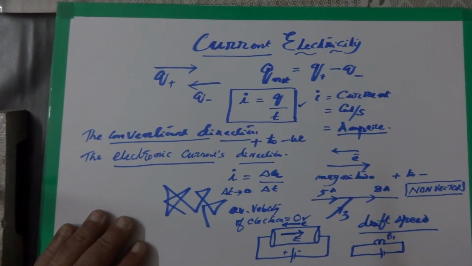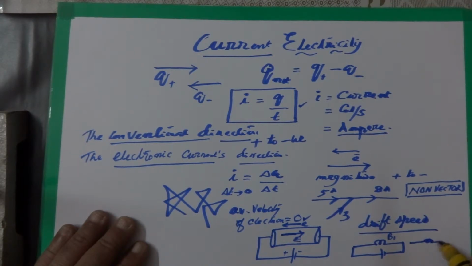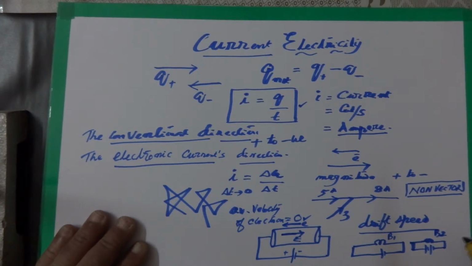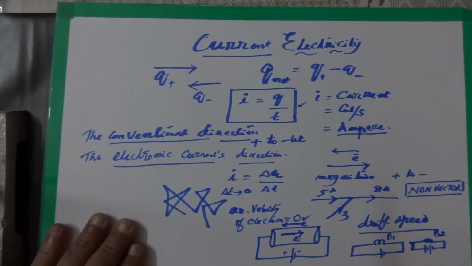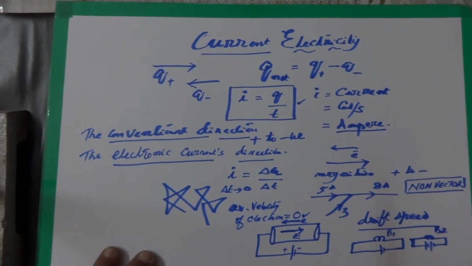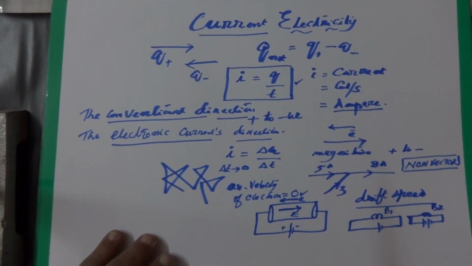Let it be B1. Now the same bulb is connected across two cells, and if you observe the brightness of the bulb now, it is obvious that in the second case the bulb will have larger brightness.